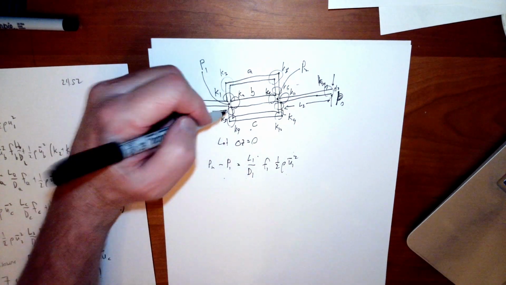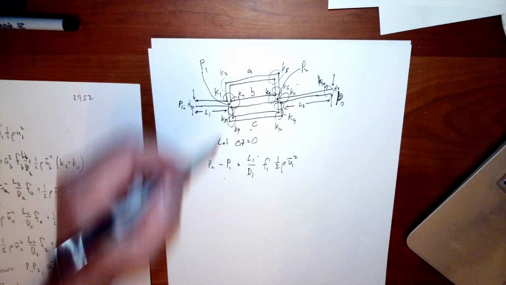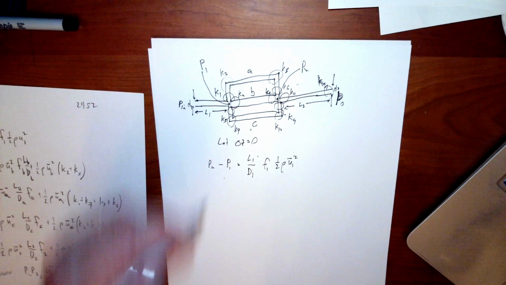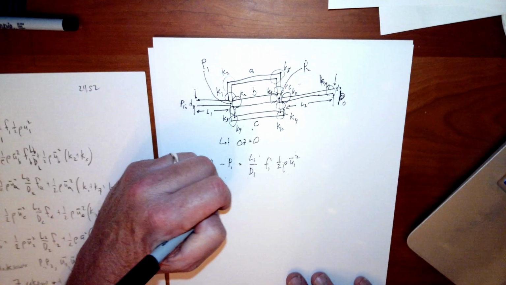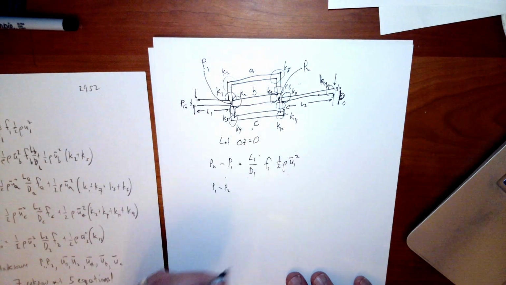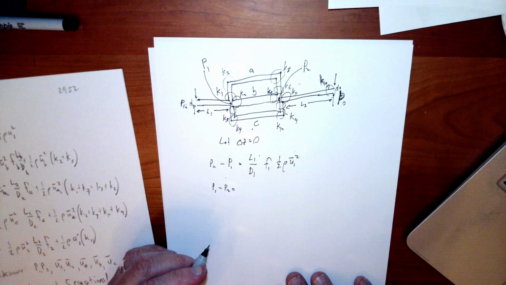You could argue there might be a loss coefficient as it enters this, but we're going to assume those are taken care of by the exiting parts of it. P1 minus P2, so that's the junction to the junction. That's going to be the pressure drop for all three of these pipes in the pipe network.